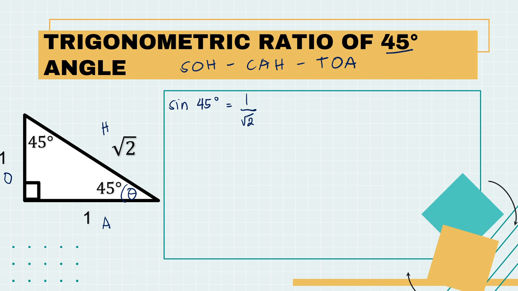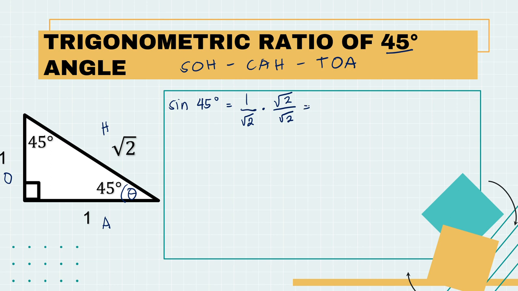So to remove the radical sign, we need to rationalize the denominator by multiplying both numerator and denominator by the same radical as the denominator, which is square root of 2 over square root of 2.